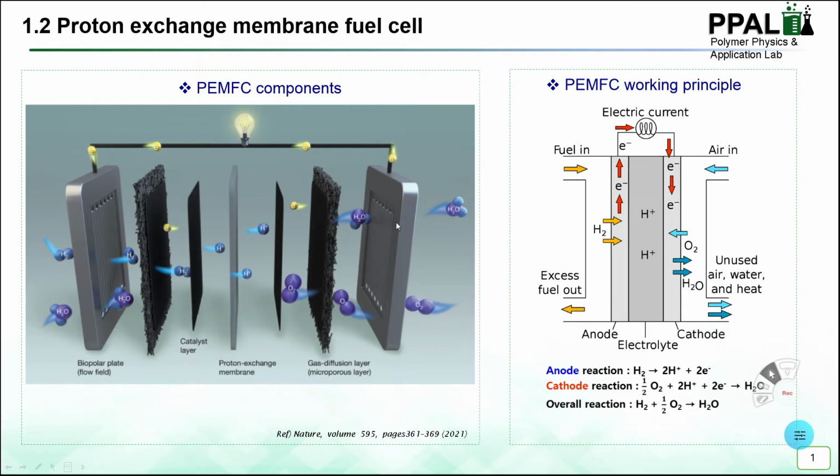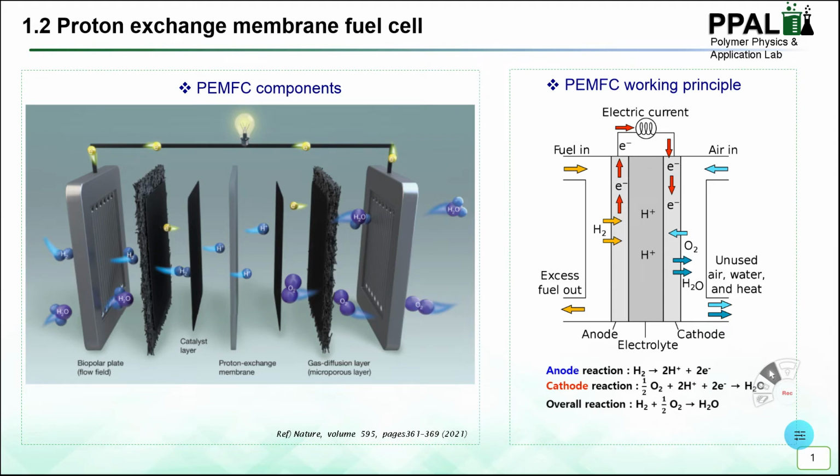In the fuel cell operation, the hydrogen gas and oxygen gas were added at the anode and cathode side, and under the effect of the Pt catalyst, hydrogen fuel was oxidized to two hydrogen ions and releases two electrons. The hydrogen ions will transfer through the membrane under the support of the sulfonic group into the electrolyte membrane in the dehydrate state.